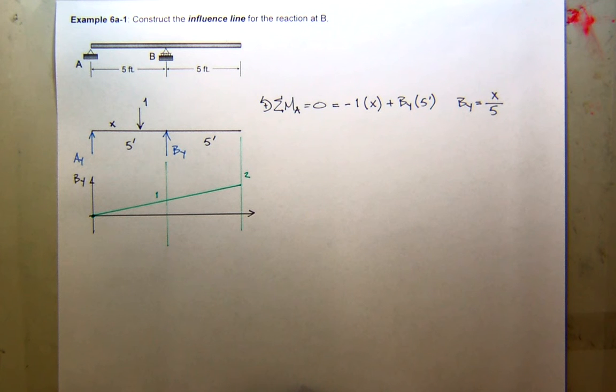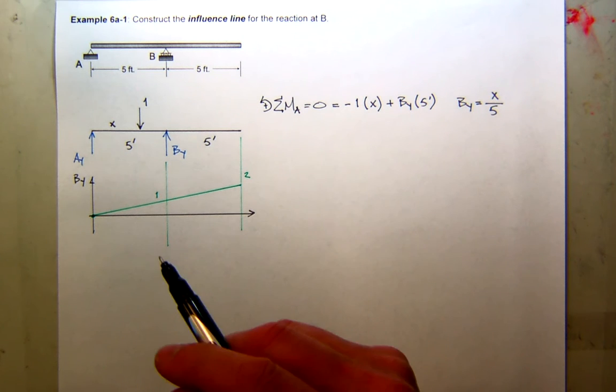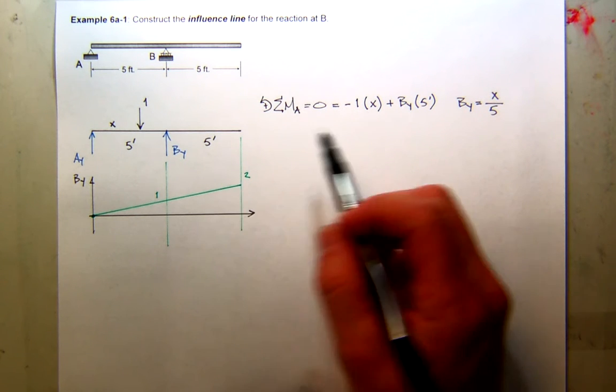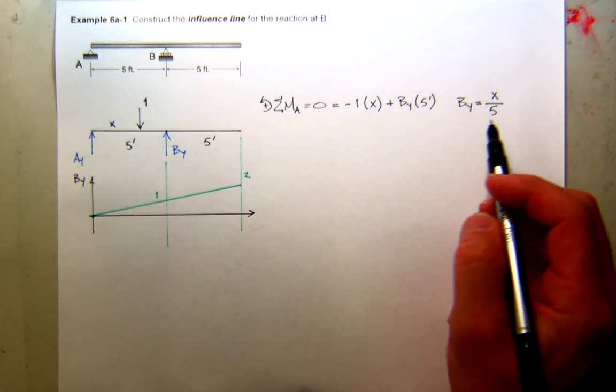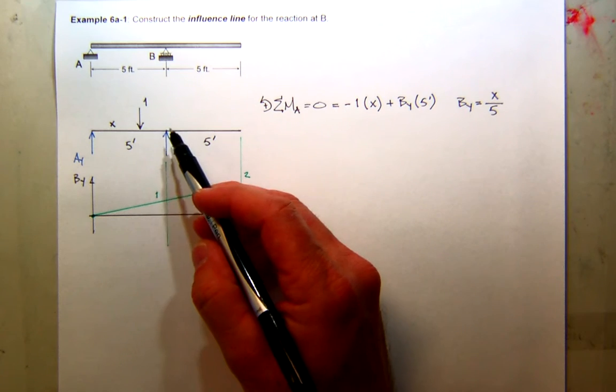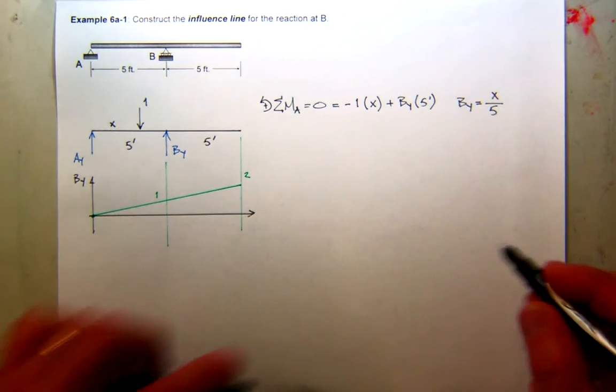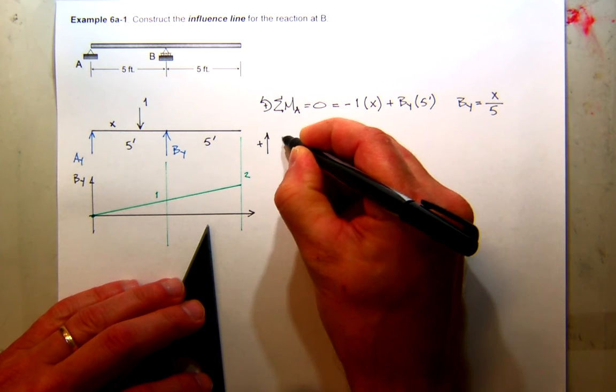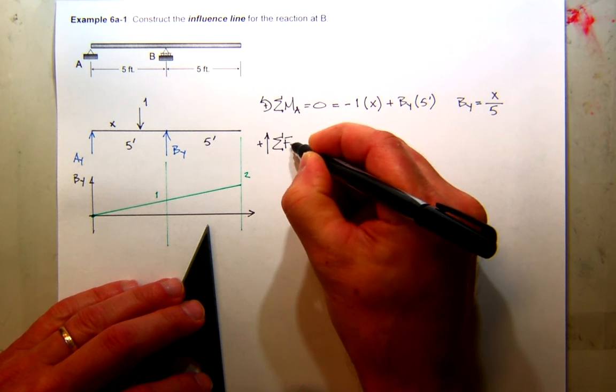While we're here, let's get the influence line for the reaction at A. How do we do that? We already have the reaction By, right? Do I have to sum moments at B, or I could just sum forces in the Y direction.